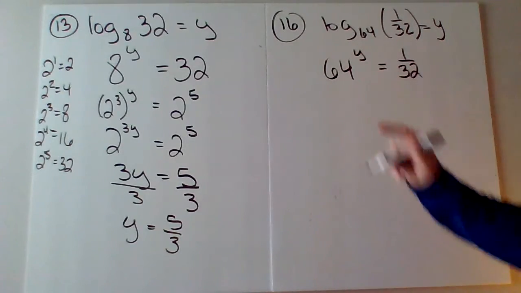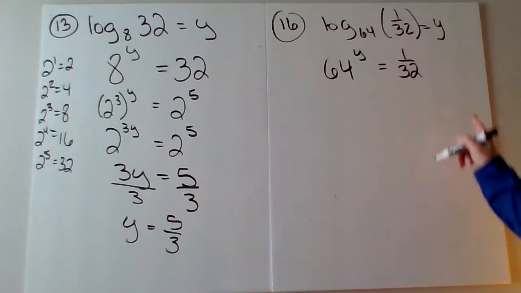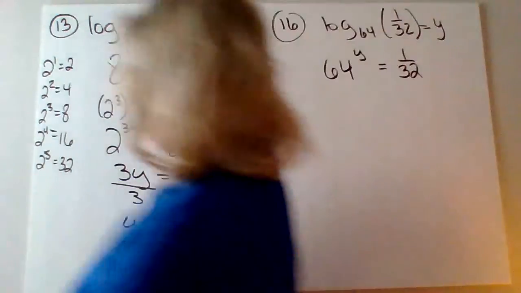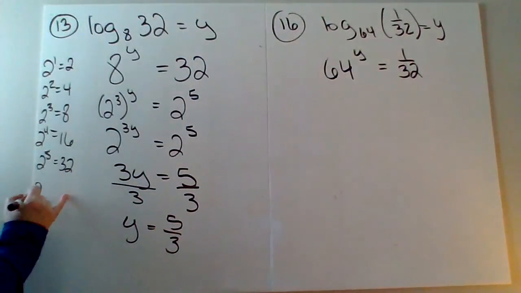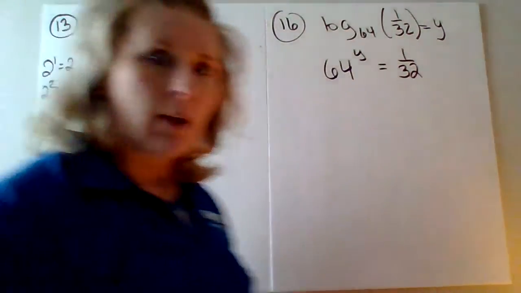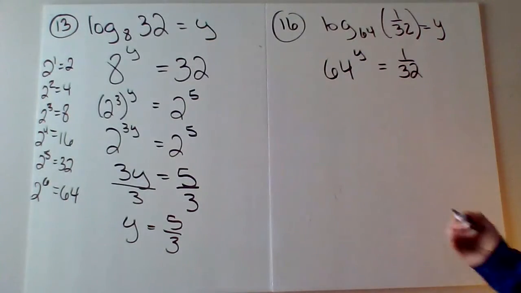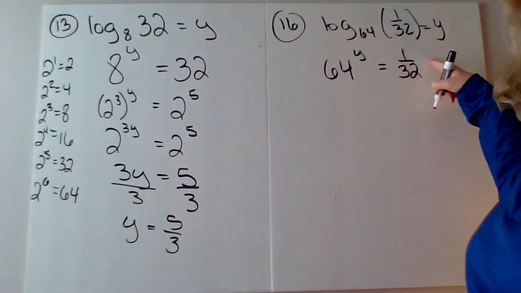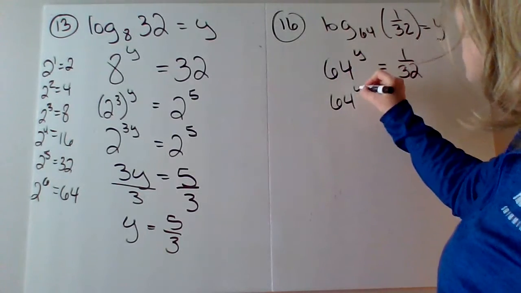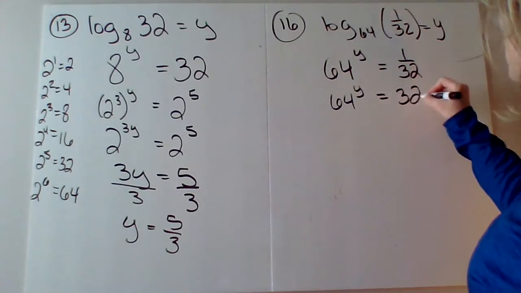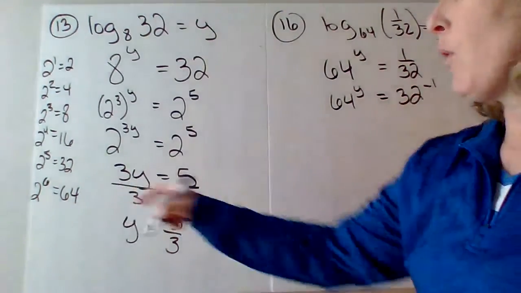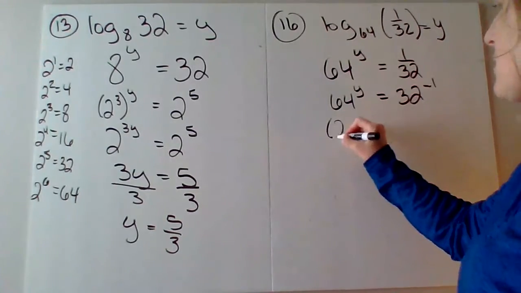We did some problems like this in the last section. It looks to me like if I keep going over here, 2 to the 6 equals 64. It looks like I'm going to use a base of 2 again. First thing I'm going to do is fix my fraction with negative exponents. 64 to the y equals 32 to the negative 1. Take your 64 and replace that with 2 to the 6th power.